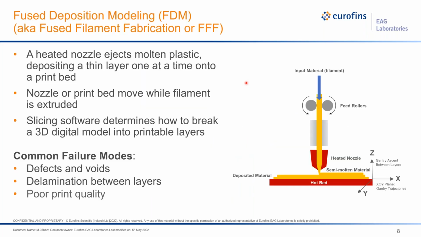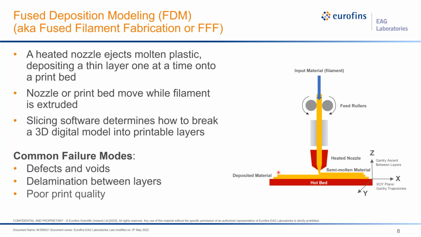So in terms of different 3D printing methods, one of the most popular is called fused deposition modeling. Another name for it is fused filament fabrication. In this method, you have a filament that's fed through rollers and goes through this heated nozzle, and applies the deposited material on a hot bed.